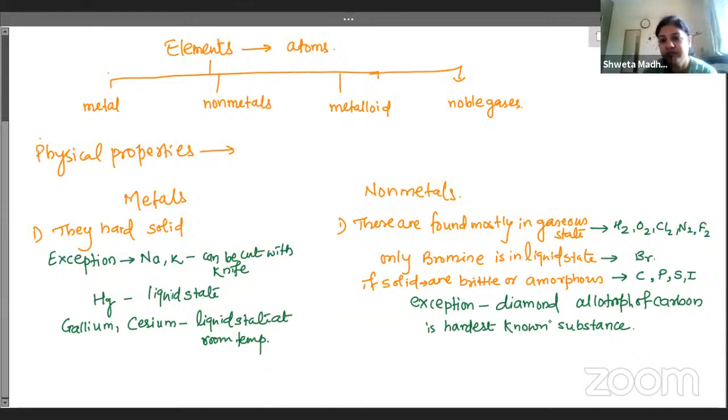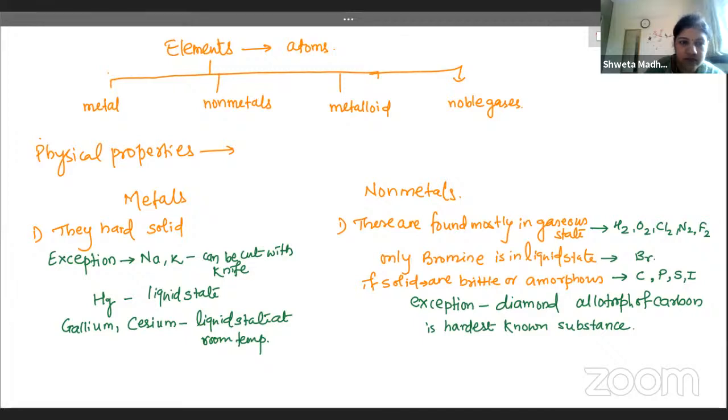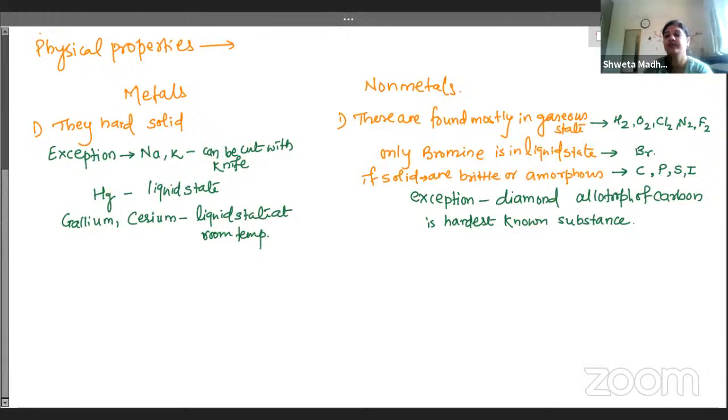Any metal cannot cut diamond. Understood?